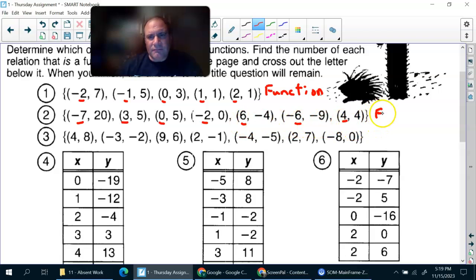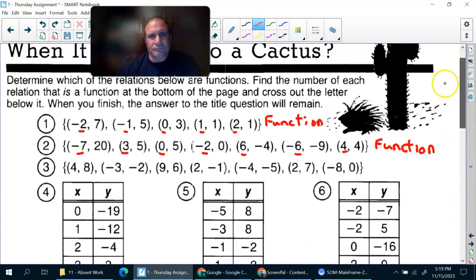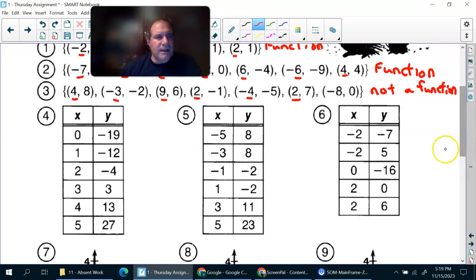This is a function. So we're going to cross number 2 out. Then 4, -3, 9, 2, -4, 2, 2, -1, 2, 7, not a function. So we don't have to cross anything out on that one.